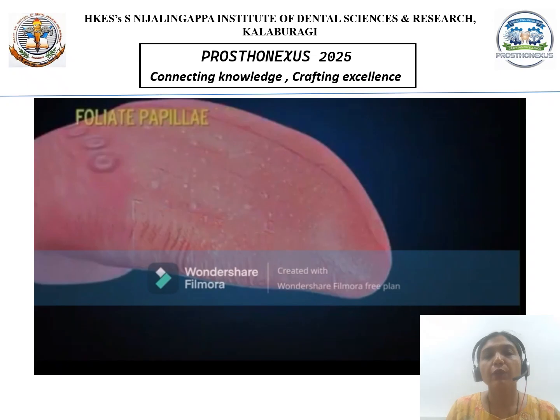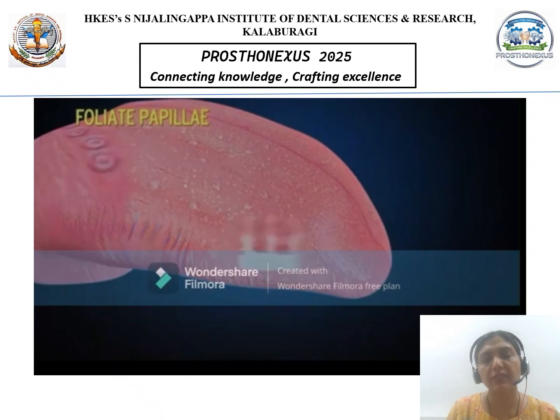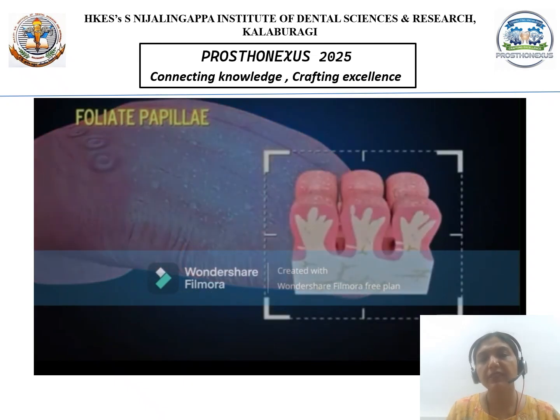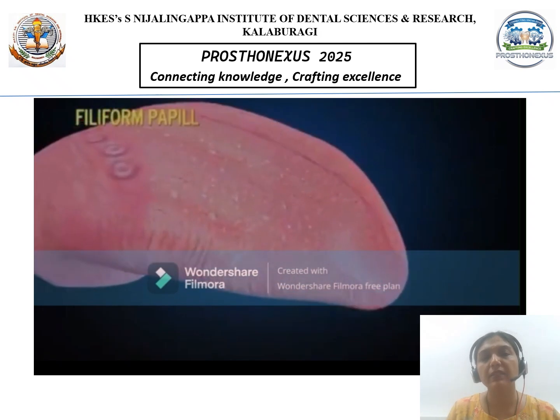Foliate papillae are again present, and in cross section they are more vertical, more follicle-shaped papillae, and they are again present at the lateral surface of the tongue. You can see here they are more like hair follicles. And the last one is the filiform. They are finger-like projections, and they are numerous in number.